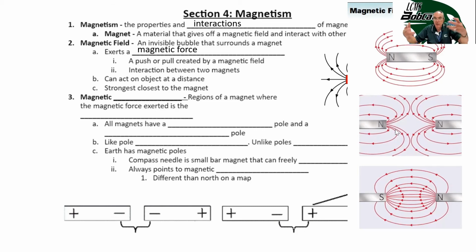So when they bump into each other, they're pushing against each other. So this is why you can't push two like poles together. When you bring magnets together so that they have opposite ends, they attract. So just like it's going from the north to the south here, it's going from the north to the south here.